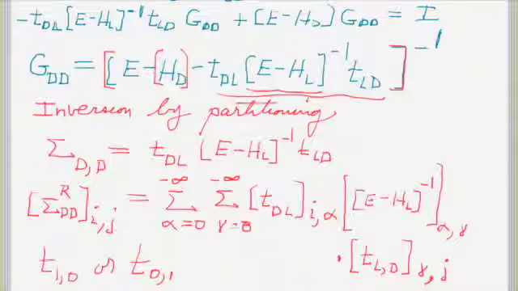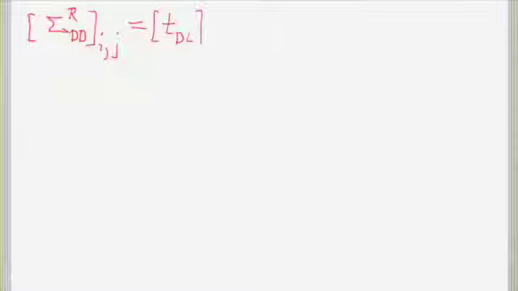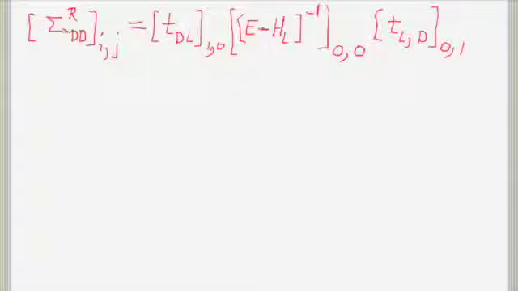And so that collapses that sum over alpha and gamma, and we get that sigma ij is equal to T_DL 10 (E minus H_L) inverse 0, 0, and T_LD 0, 1, and Kronecker delta i comma 1, delta j comma 1.